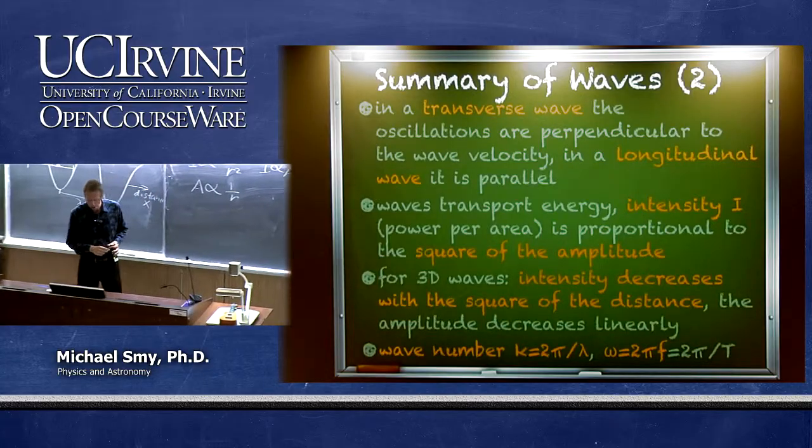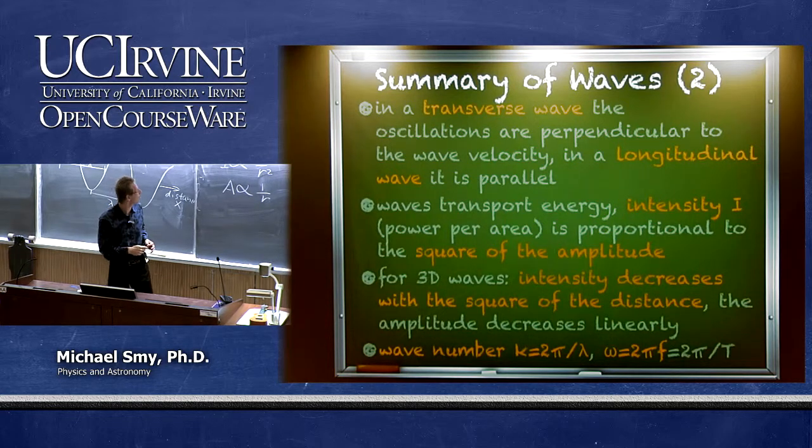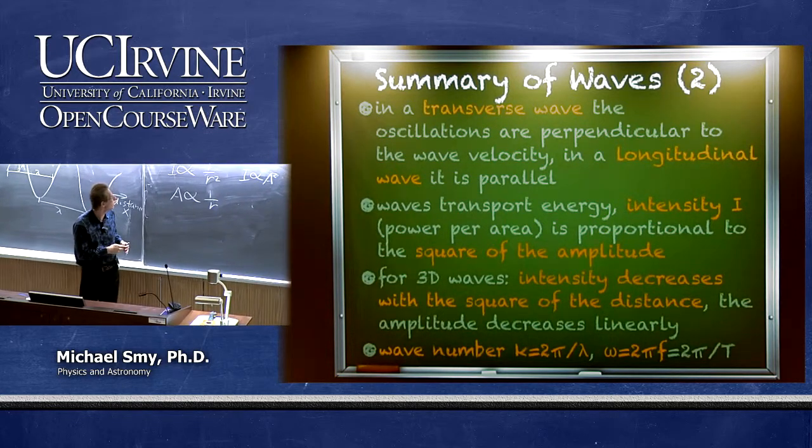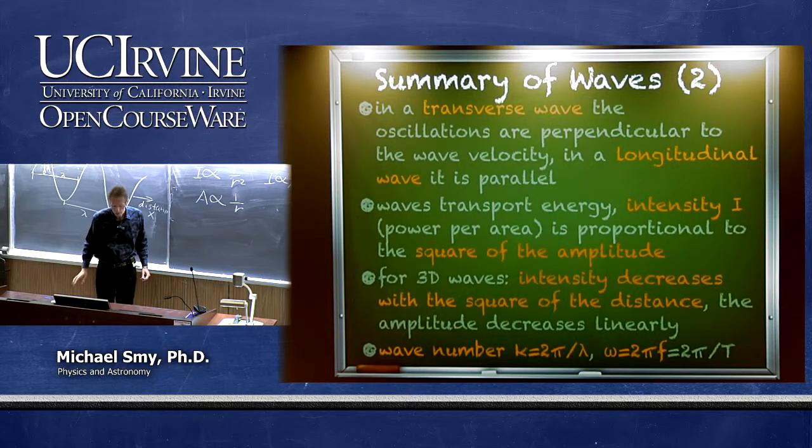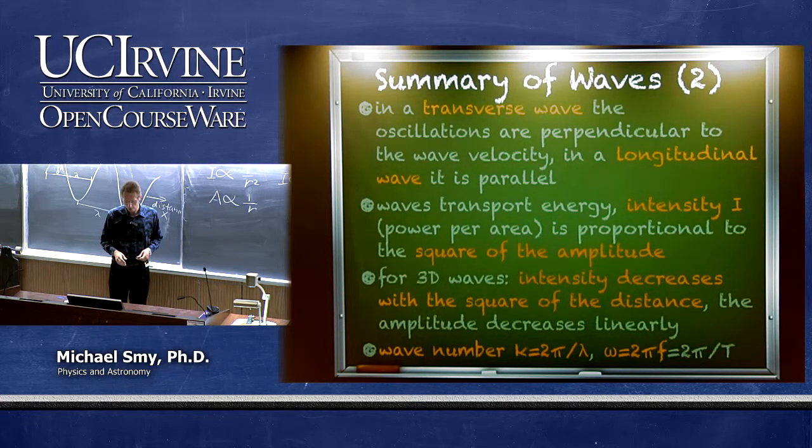So both intensity and amplitude decrease, but one decreases linearly and one decreases with the power of 2. Then we can define a wave number as 2 pi divided by the wavelength, in analogy to the angular frequency, which is 2 pi divided by the period, or 2 pi times the frequency.